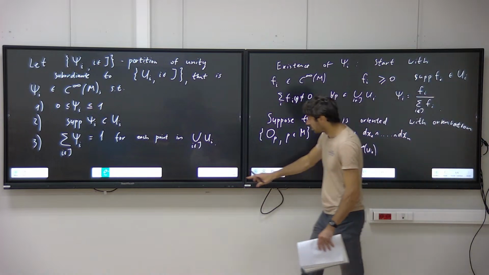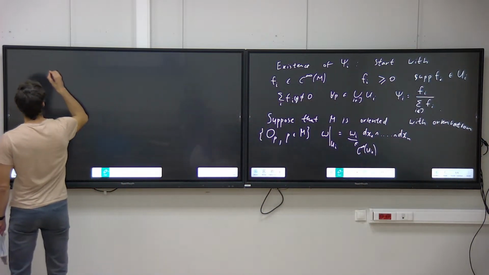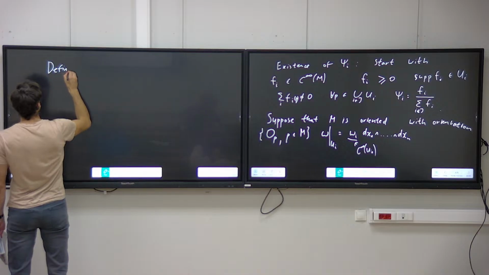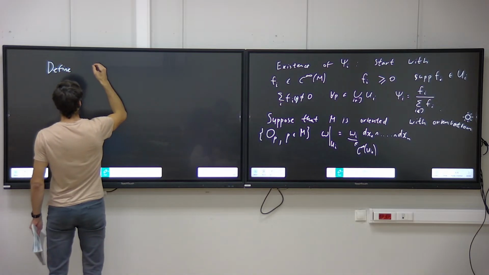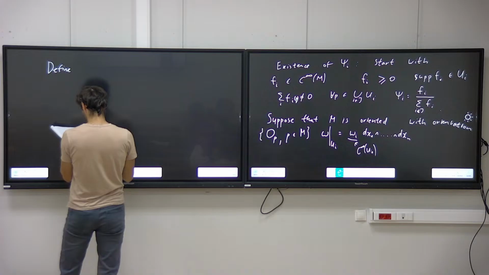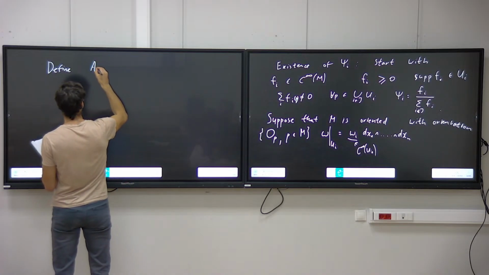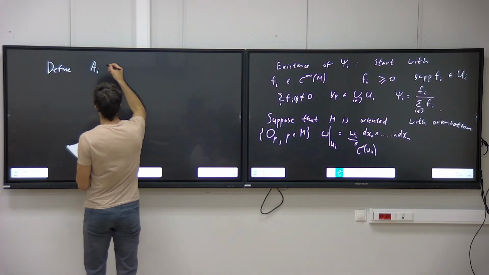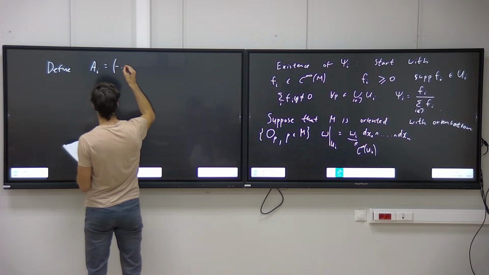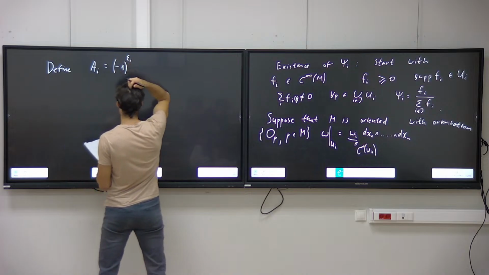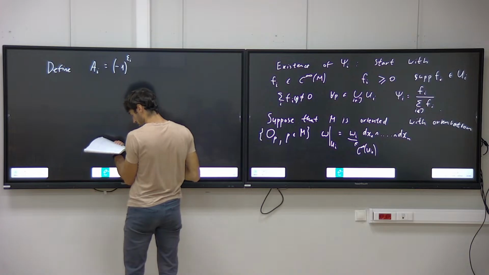Then we define, well, I need to define some number which I will denote A I. This is some sign which I will describe a little bit later.